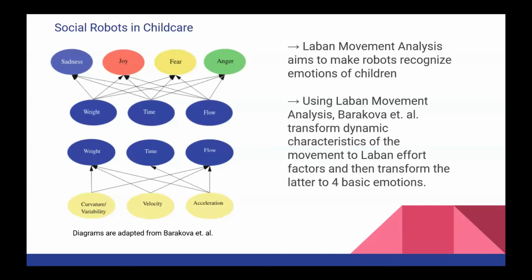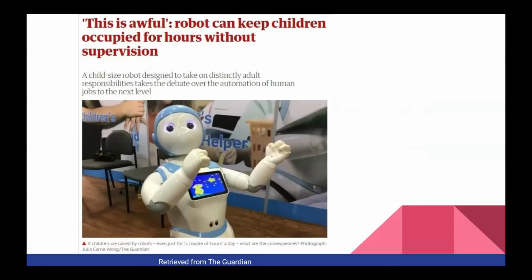This study is focusing especially on children with autism. The study demonstrates the childcare purposes of social robots. So a child-sized robot designed to take on distinctly adult responsibilities takes the debate over the automation of human jobs to the next level, it says.